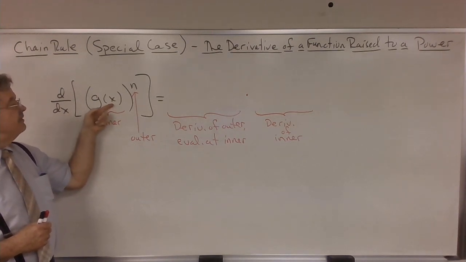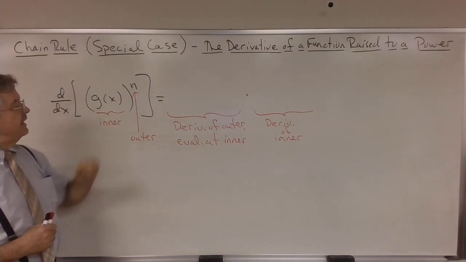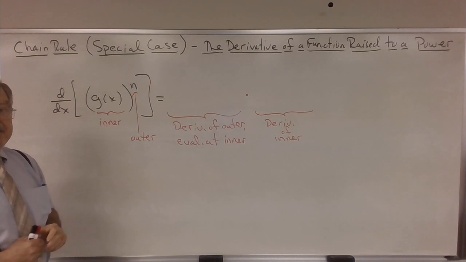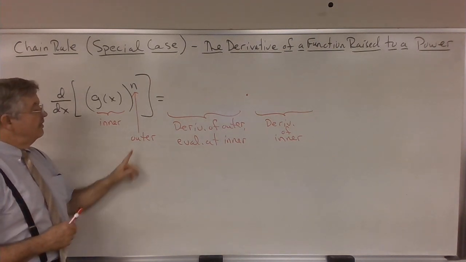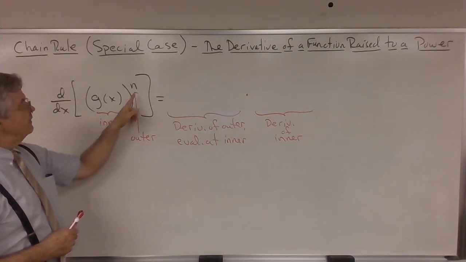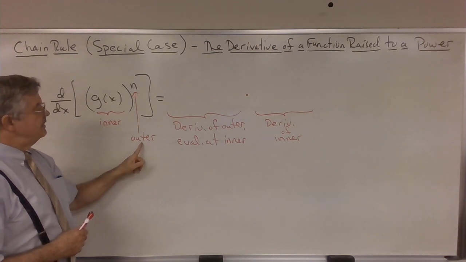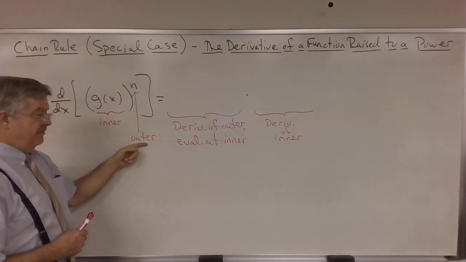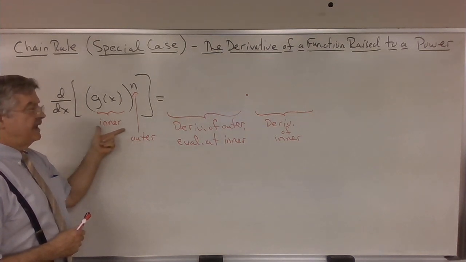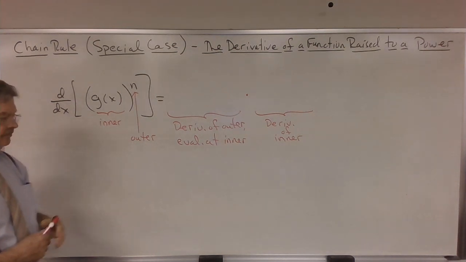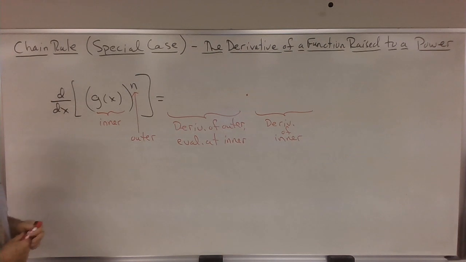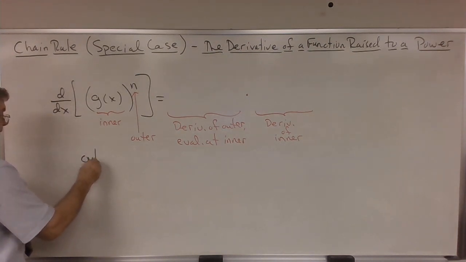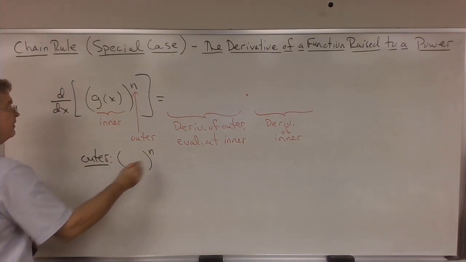Some function g of x raised to the nth power. And notice this, the raising of g of x to the nth power, the raising of something to the nth power, this is the outer function. g of x is the inner function. So the outer function is something raised to the nth power.